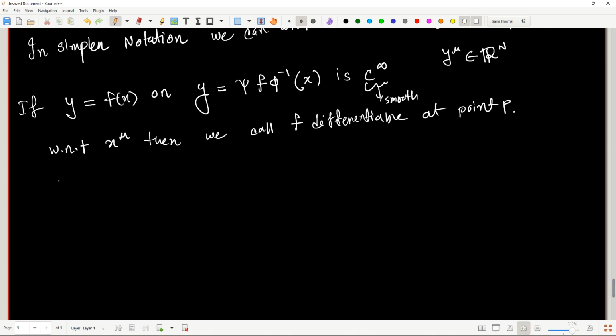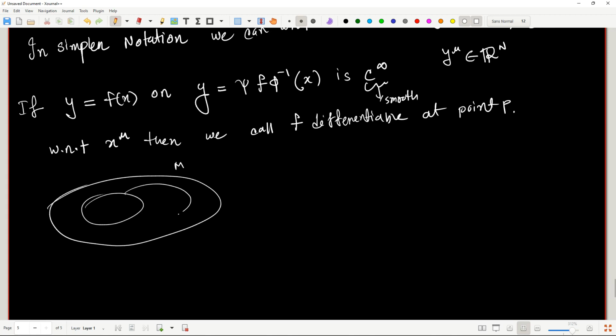Consider two overlapping charts on M. Let's say this is M, and these are two overlapping charts, U1 and U2, endowed with phi 1 and phi 2. My P belongs to the intersection of these open sets. According to phi 1, the coordinates of P will be x1^mu, and according to phi 2, the coordinates of P would be x2^mu.